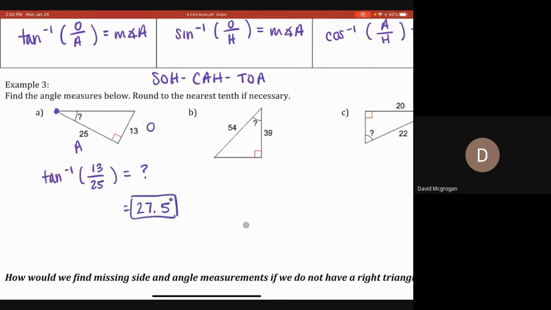Question. Yes. I got 3. Okay. Let's see what happened. I wonder if I have to put the 13 and the 25 in parentheses, since mine doesn't have parentheses. Okay, so if yours does not have parentheses, what you probably want to do, David, is first divide 13 by 25.